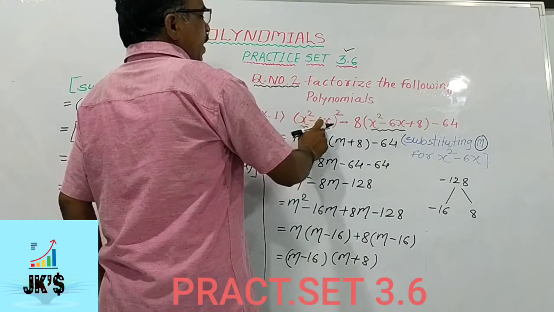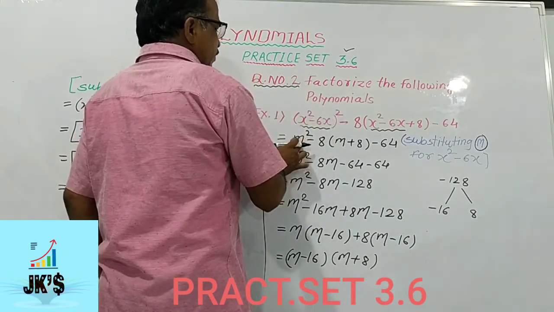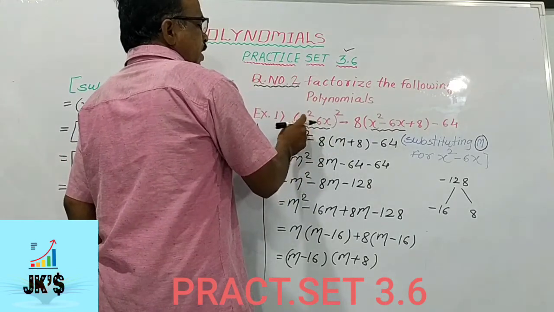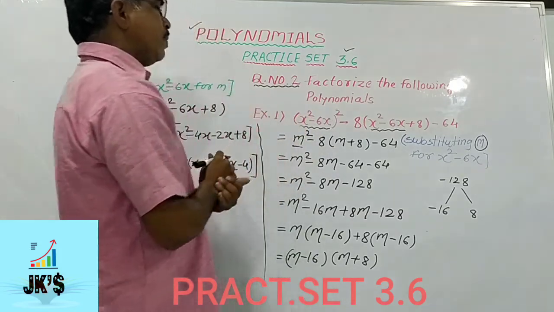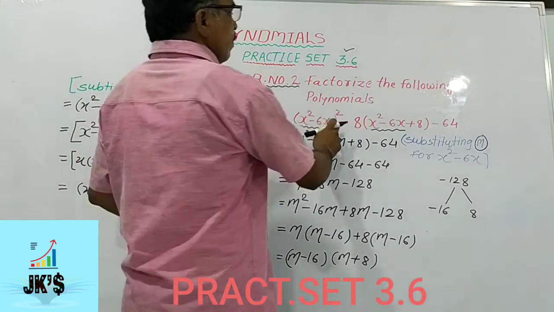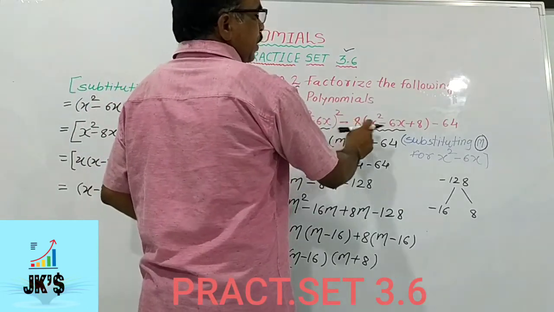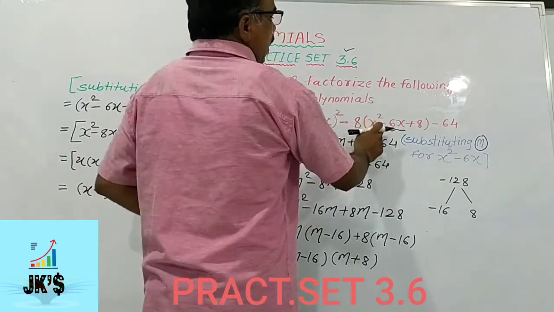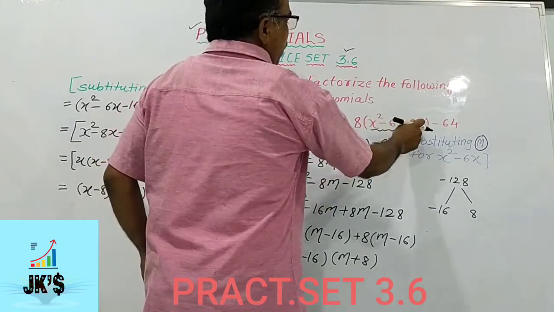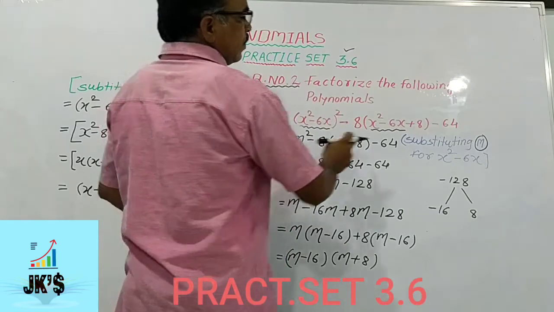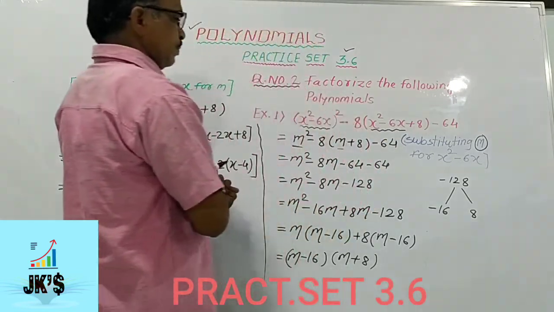So (x square minus 6x) whole square becomes m square, minus 8 as it is in bracket, x square minus 6x becomes m and the remaining plus 8 as it is, minus 64.